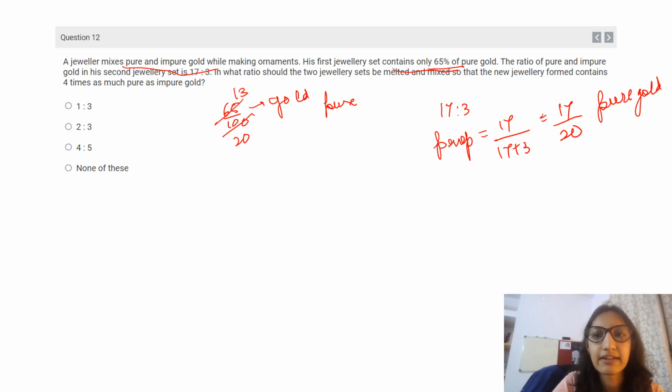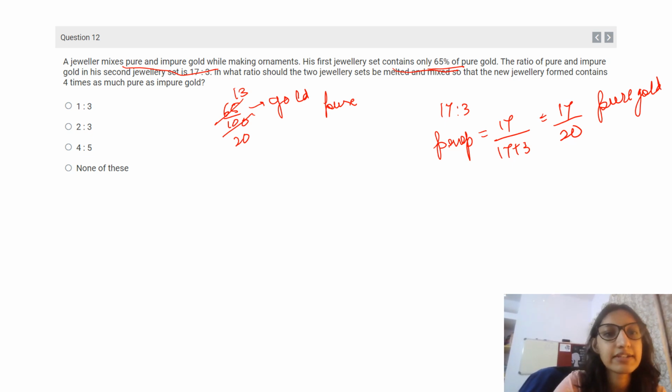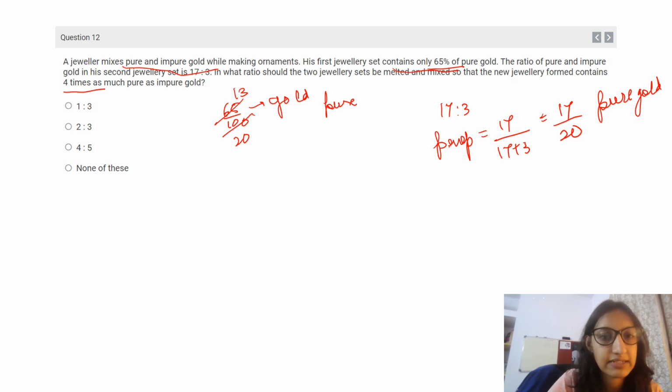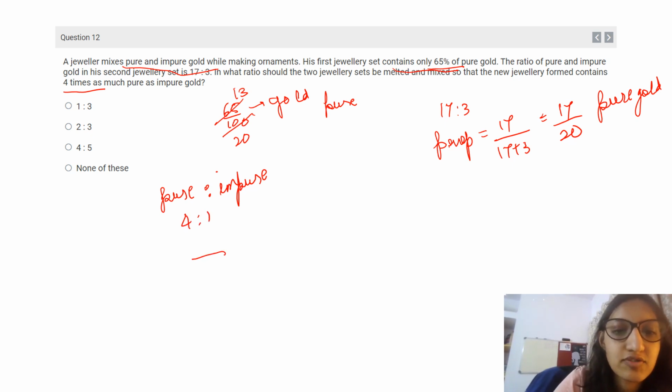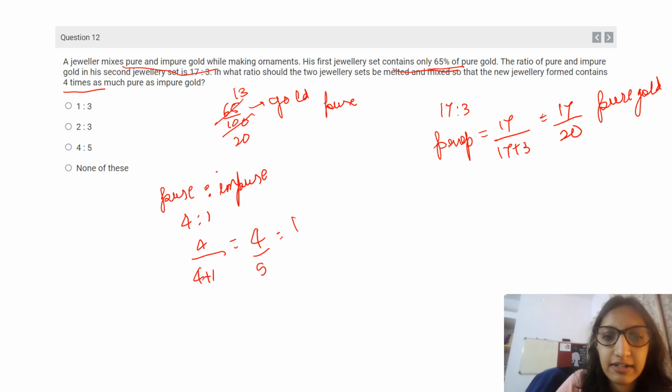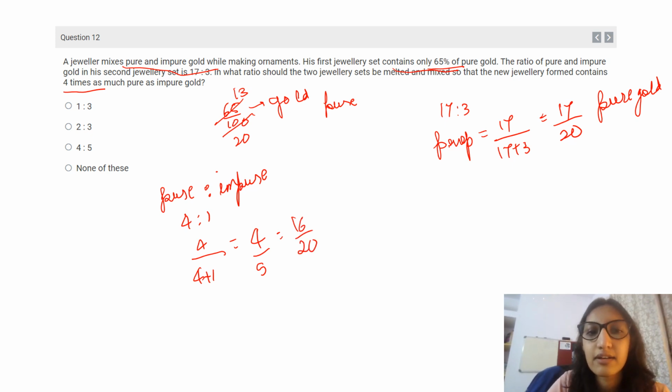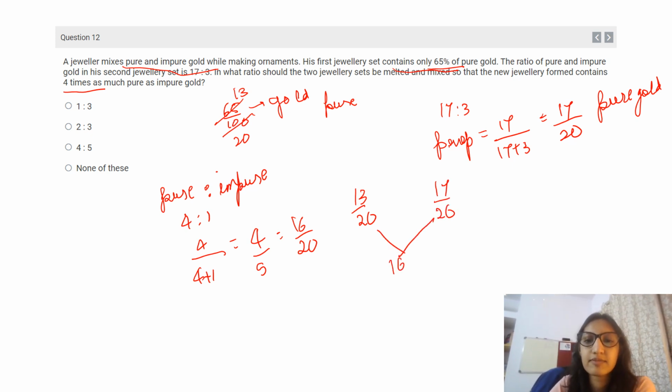And what he desires is, after mixing, the new jewelry should have 4 times as much pure as impure. So the pure to impure ratio is 4 is to 1. So as a proportion of the jewelry, pure has to be 4 by 5, or I can write it as 16 by 20. Now I have 13 by 20, I have 17 by 20, and I need to mix both.